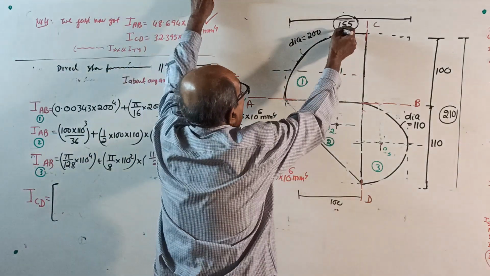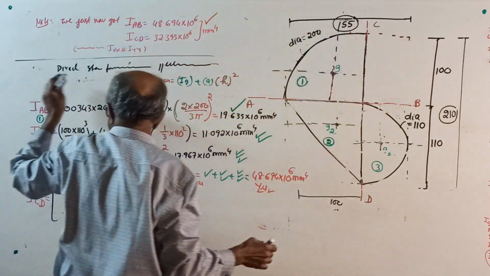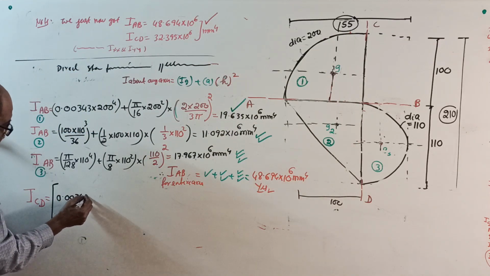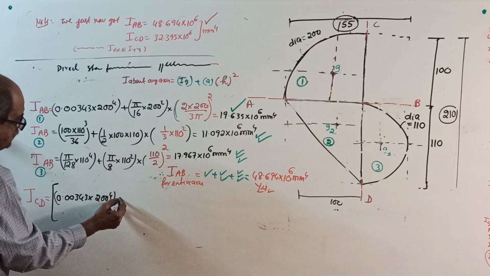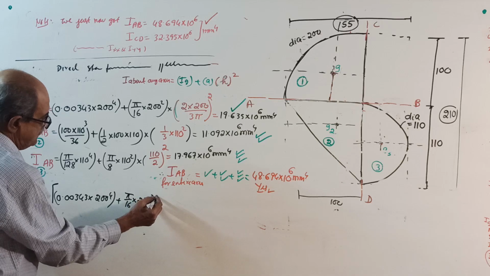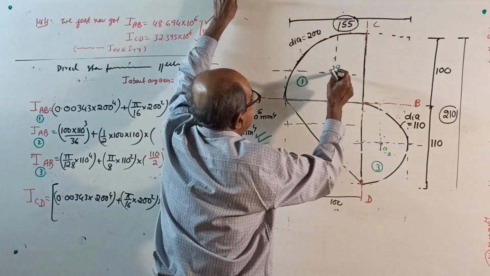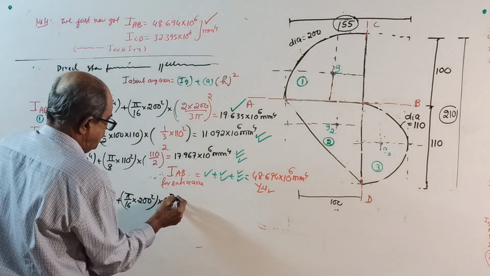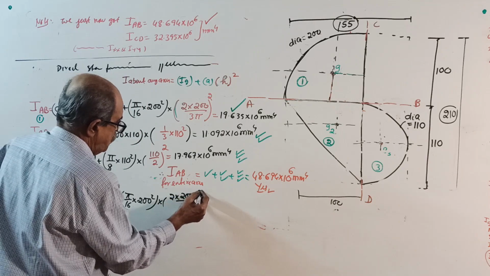For 1, I about its own centroidal axis. 0.00343 into diameter power 4, is 200 power 4, Ig, plus pi by 16 into 200 square is the area, into this distance square. That is, once again, 2 into diameter divided by 3 pi, whole square.